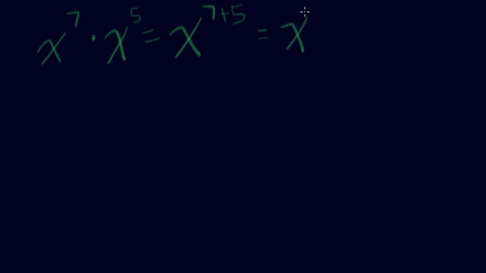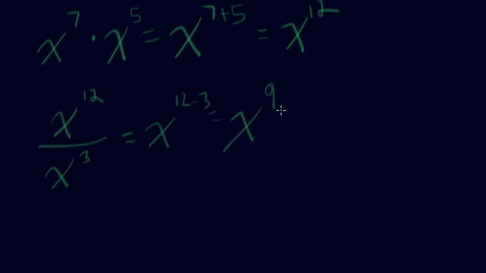So that would be x to the 12th. And also, if we're dividing, so you had x to the 12th divided by x to the 3rd, we have to subtract our exponents. So that would be x to the 12 minus 3. So that would be x to the 9th. So that's one little thing that we must remember. Okay? Awesome.